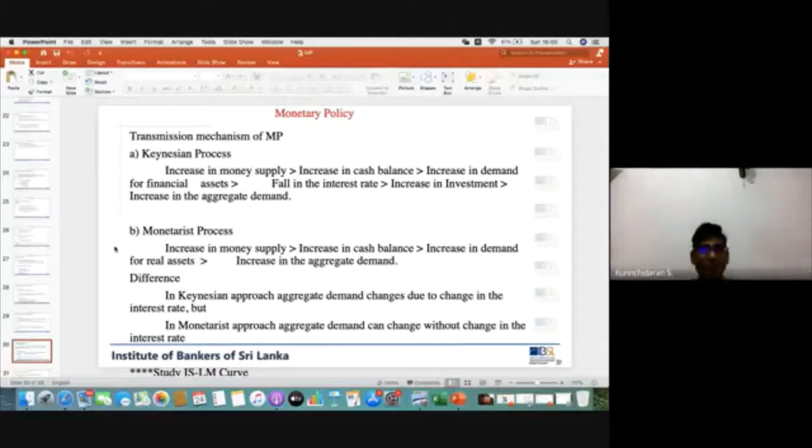But the monetarist approach says aggregate demand increases without change in the interest rate. So we have to look into both ways, right? Finally, both, as expected, increase the aggregate demand if other things are given, right? Clear? Okay.